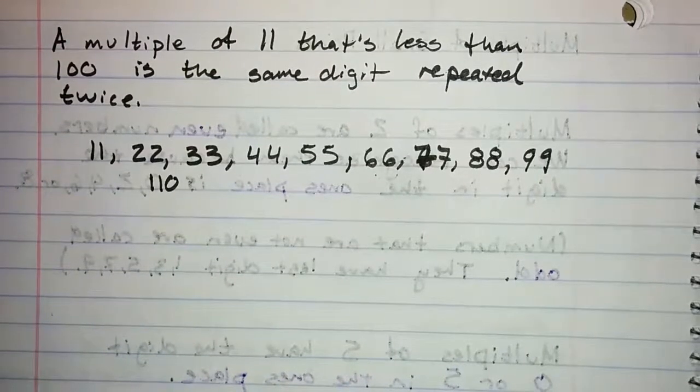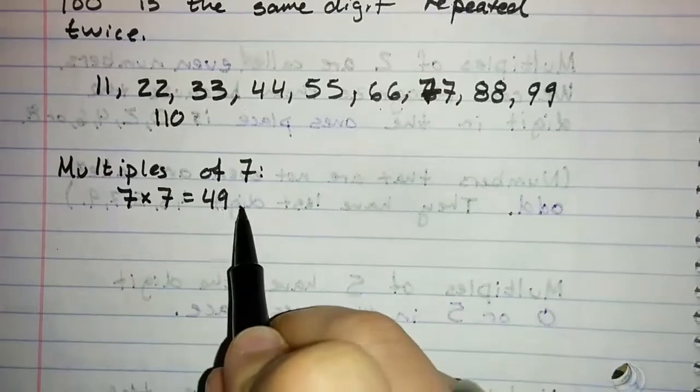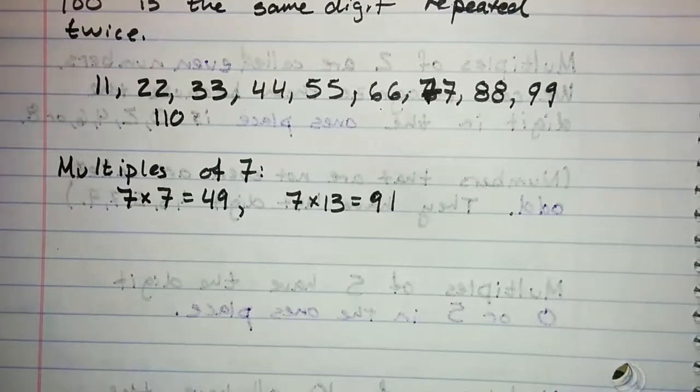What about 7? Yeah, 7's a pain. But there are really only a few multiples of 7 that we don't catch this way. 7 times 7 is 49, and 7 times 13 is 91. Why do I mention those two specifically?